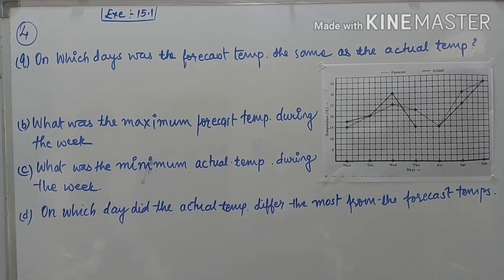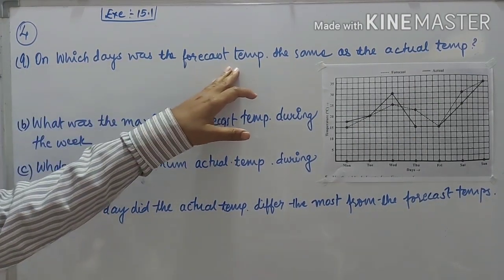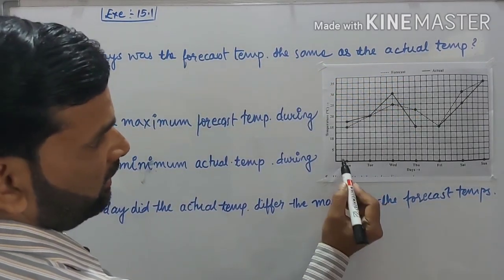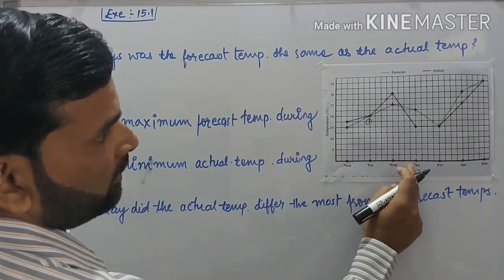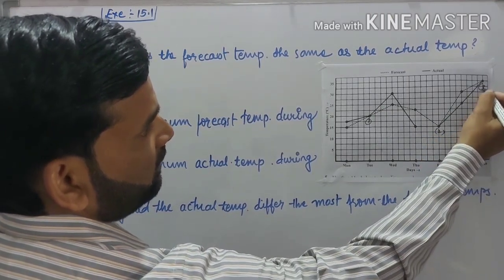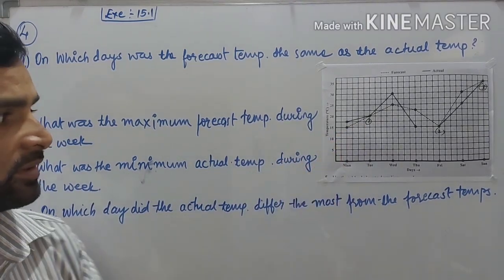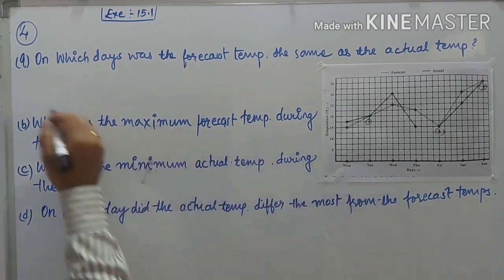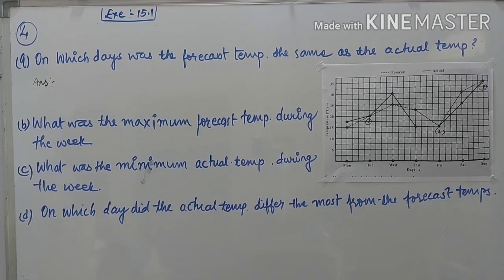Okay, the first question is: on which days is the forecast temperature the same as the actual temperature? For same, you see the first point, the second point and the third point. These three points have the same forecast and actual temperature. So the first day is Monday. The first day's answer is Monday, and the second day is Tuesday.